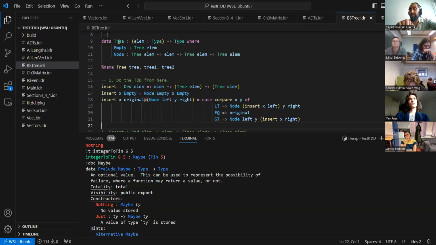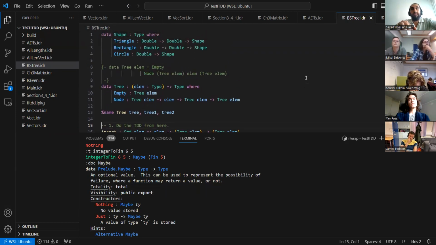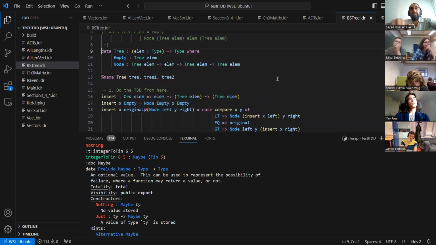Now, with that in mind, I would like to remind you that the difference between these two notations was that the second one is the GADT, and I told you specifically that you are allowed to return different types here for the two type constructors.